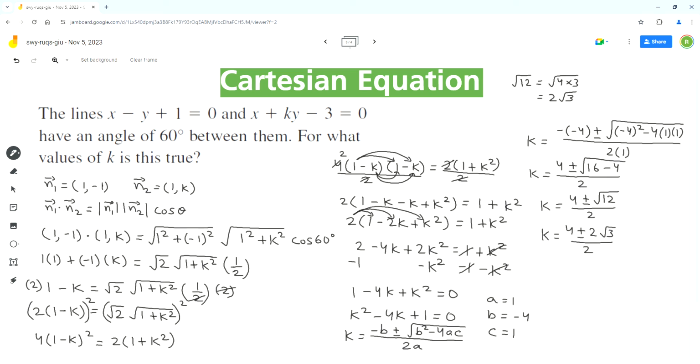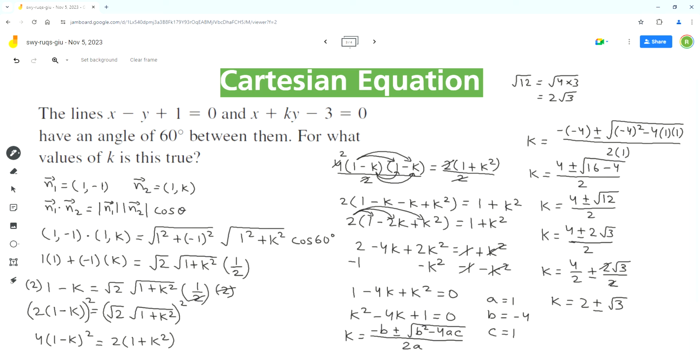Now we can break up this expression into two fractions. Four over 2 is equal to 2, and we can cancel out the 2's, so we get just square root of 3.